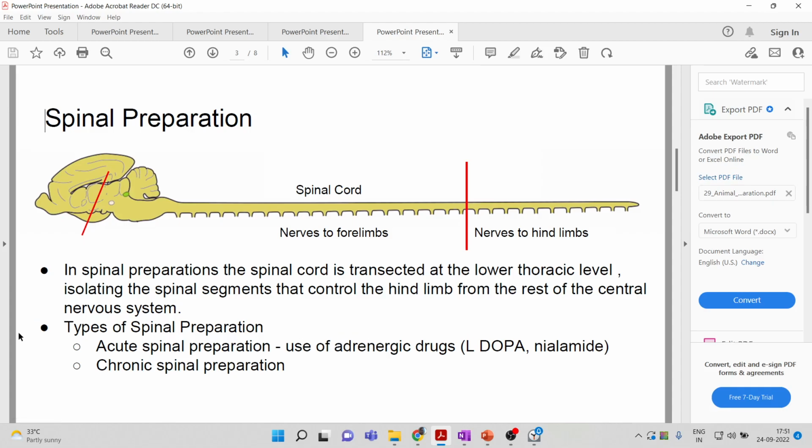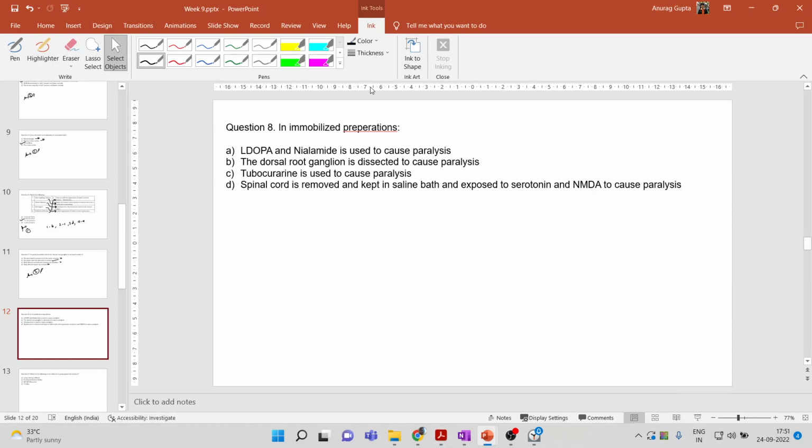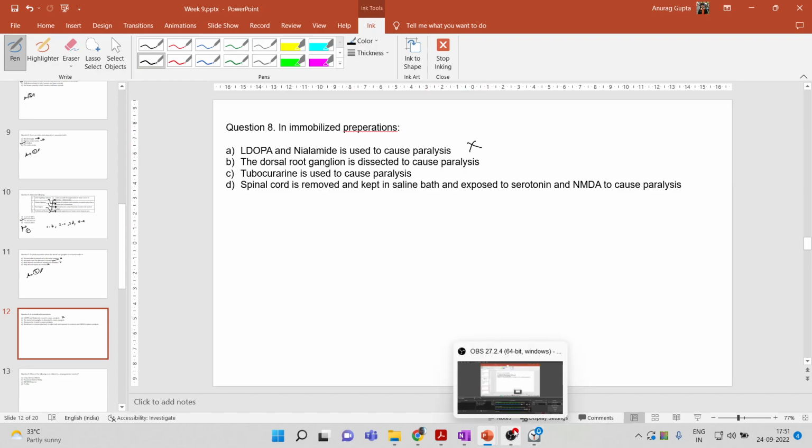And then there is this acute spinal preparation where these drugs are used. But in this case, it's an immobilized preparation, not a spinal preparation. So this particular answer is wrong. L-dopa and nialamide are actually used in spinal preparation.